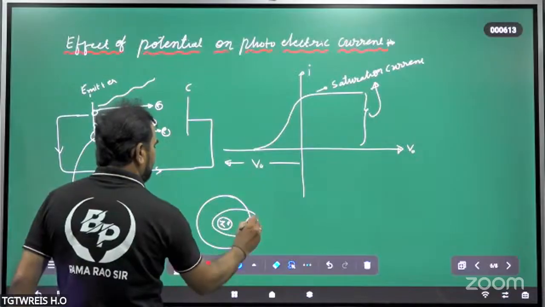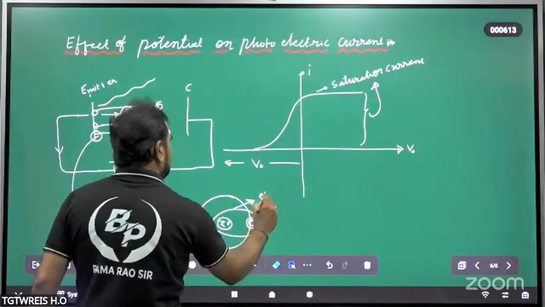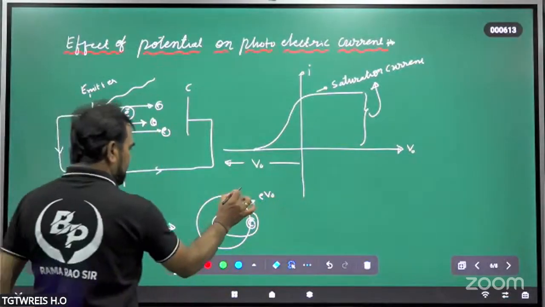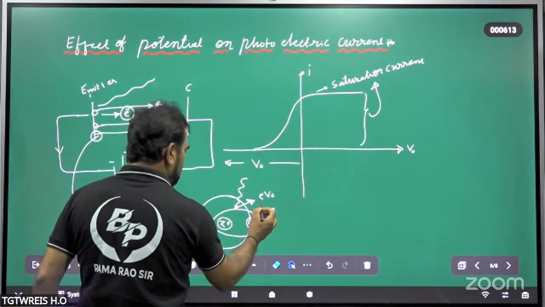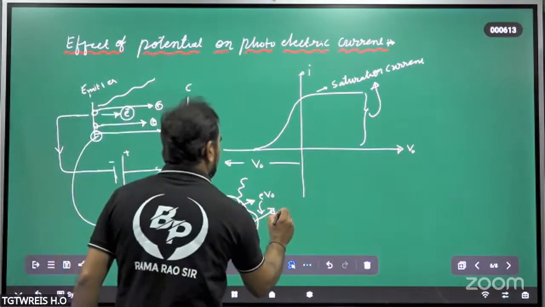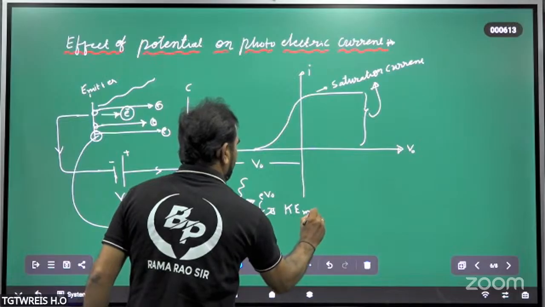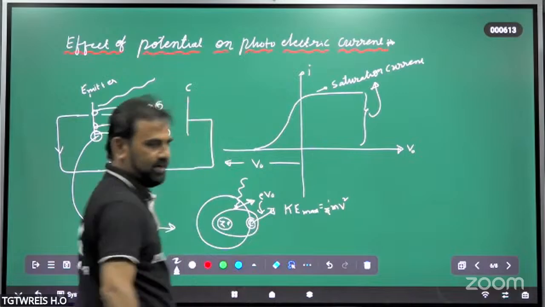So between them, what kind of energy is possessed? Electrostatic potential energy, or eV naught. When a ray of light is incident on this, the electron is emitted, and this electrostatic potential energy is converted into kinetic energy, KE max, which is equal to half mv squared.